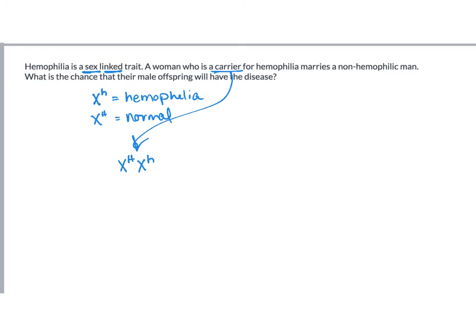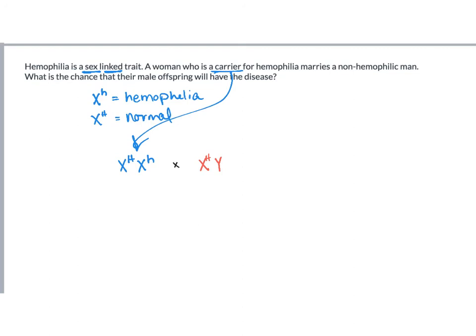And she's going to marry a man that is non-hemophilic, right? So the man would be XY, right? And if he's non-hemophilic, he would have a normal allele. And so again, you're just going to put that in a Punnett square.